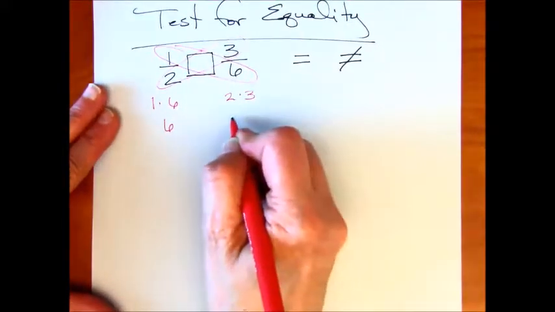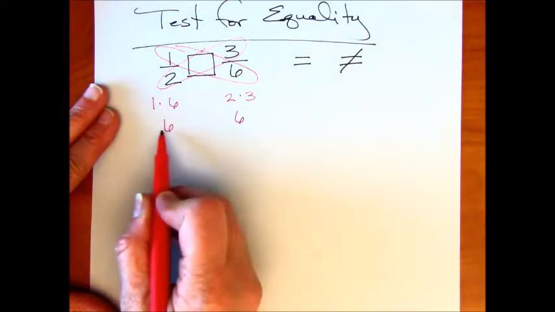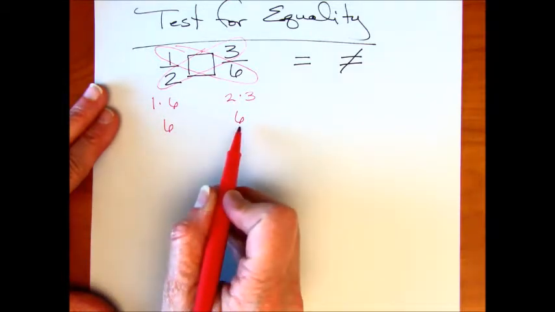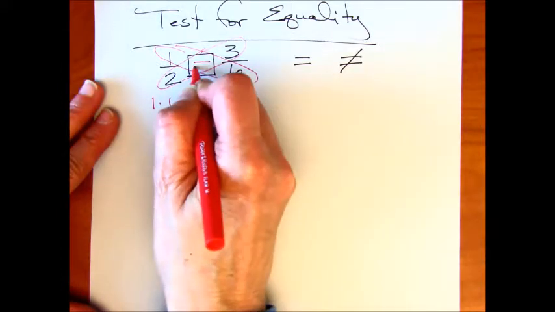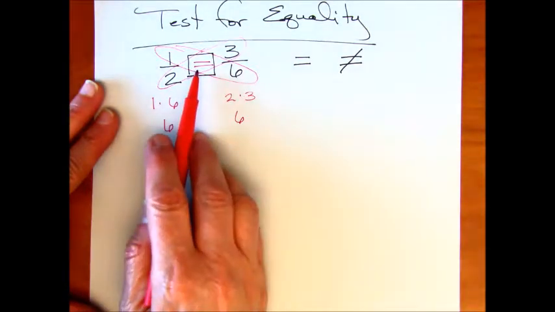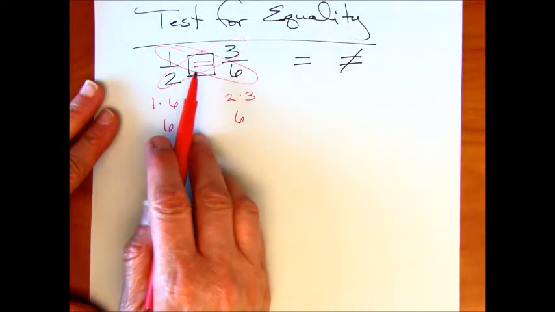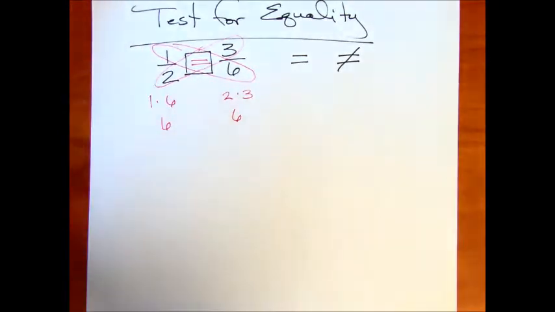Now 2 times 3 is also 6. Because these two products are the same amount, these two fractions are equal. And so you would write an equal sign in the box or on the line, whatever is provided there. Let's do a couple more just so you get the hang of it.